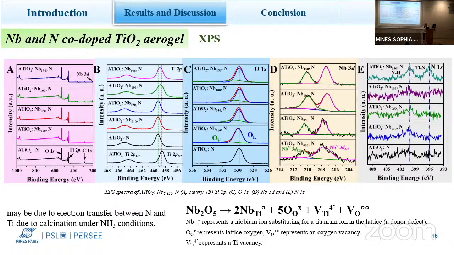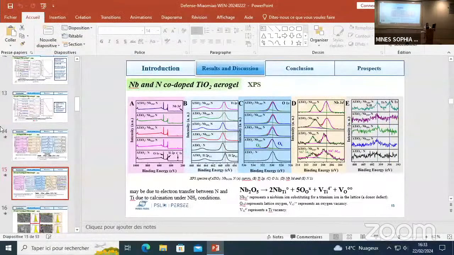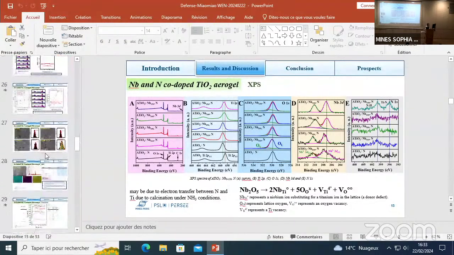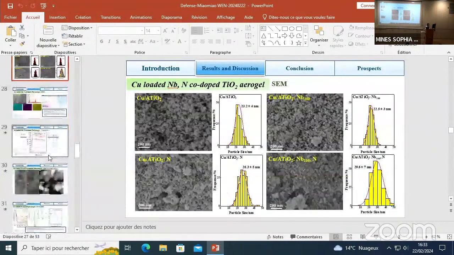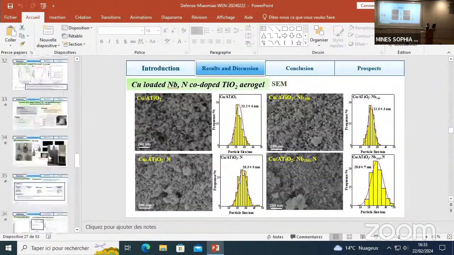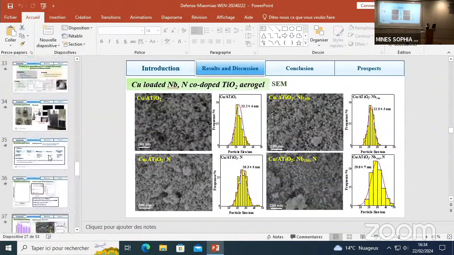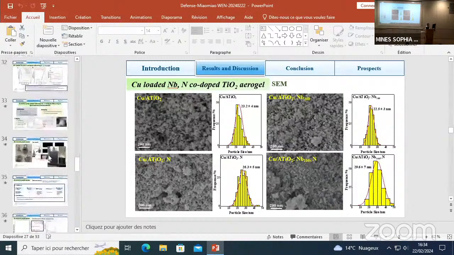Yes. And in slide 54, I think, you show this slide when Valérie asks you a question. Here you give a size from XRD: 5.4.